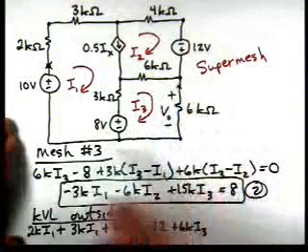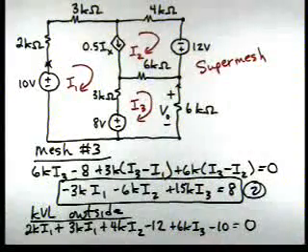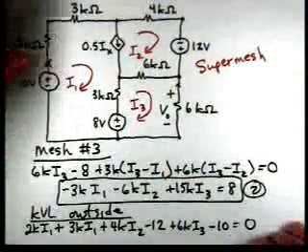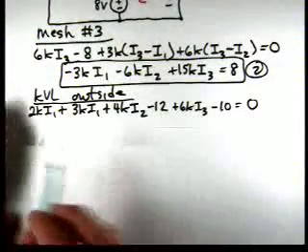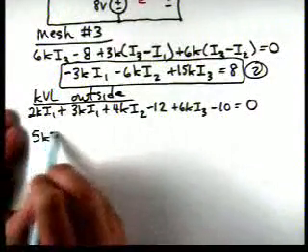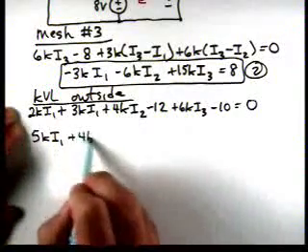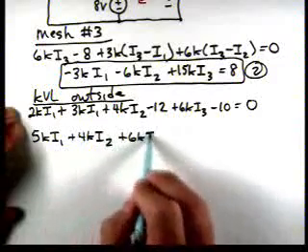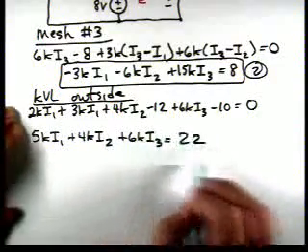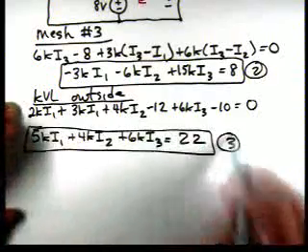Then as we come around, we'll have a minus 10, and that'll be equal to 0. Okay, now let's rearrange that one a little bit, and when we do, this equation becomes 5K I1 plus 4K I2 plus 6K I3 is equal to 22. So there's our third equation.